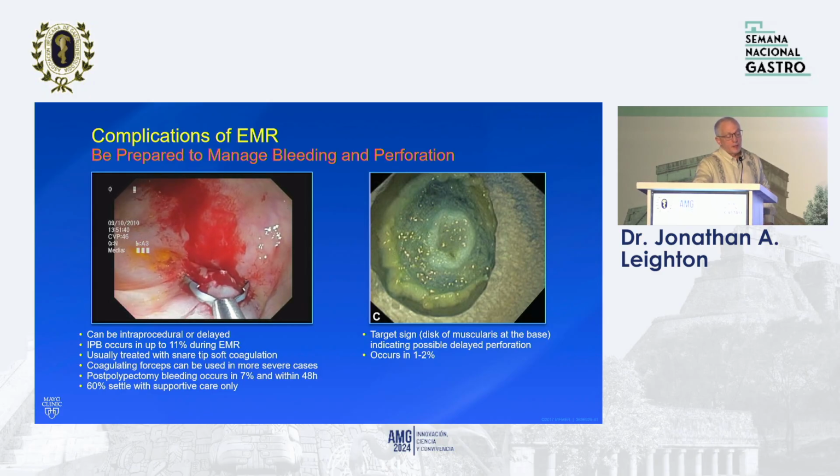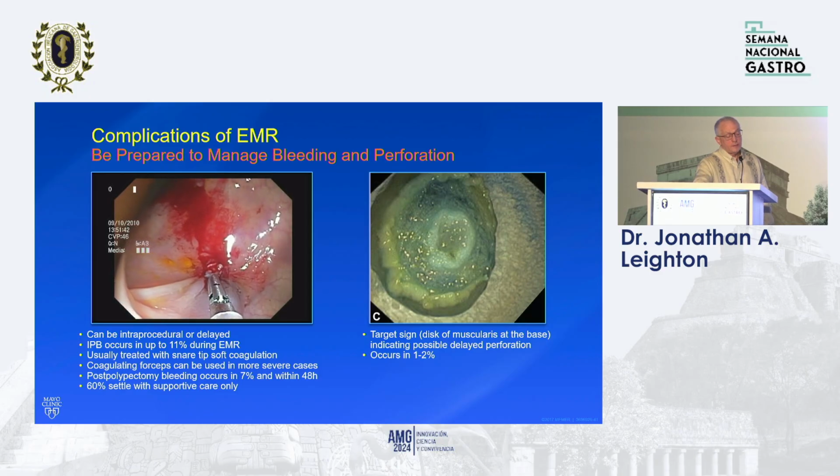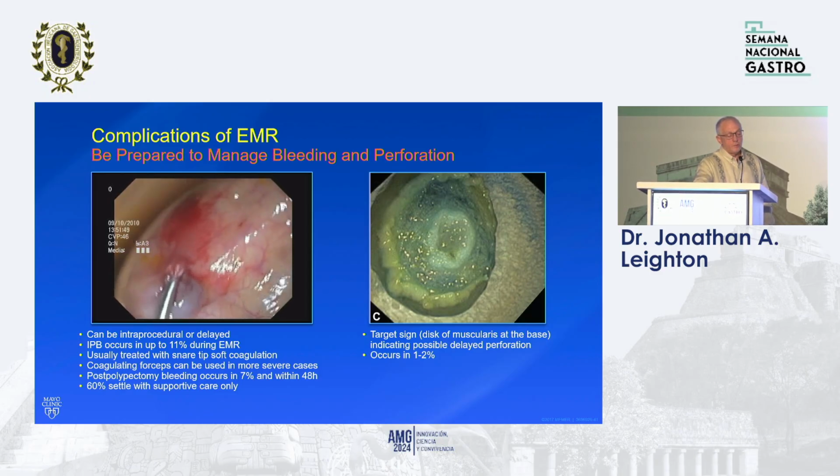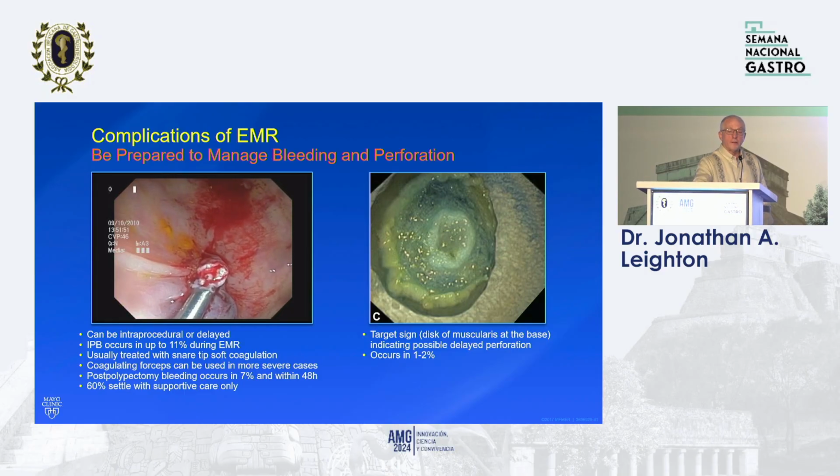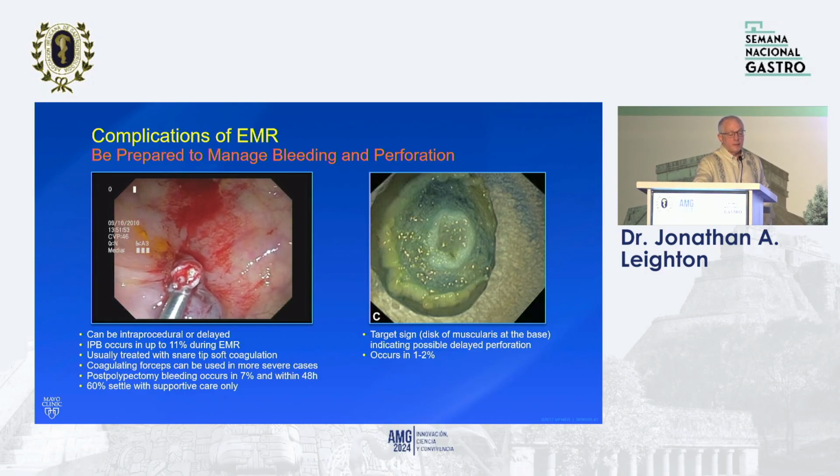And most of the time you can take care of this, and particularly in post-polypectomy bleeds, we'll almost always clip. And the other one on the right is the target sign. That's where you did, in fact, catch muscularis, and this could be an indication of delayed perforation. And so in this case, you want to clip. It occurs in 1 to 2%, but you want to be aware of that target sign.